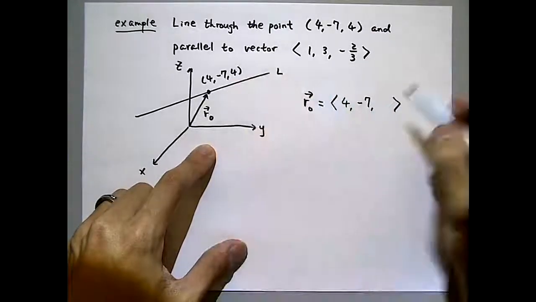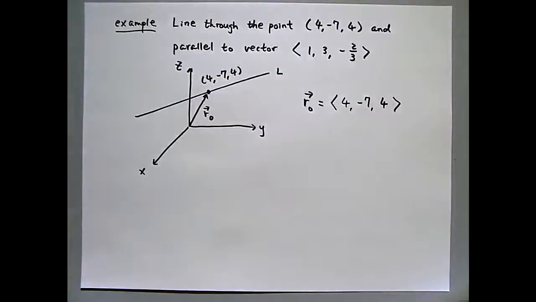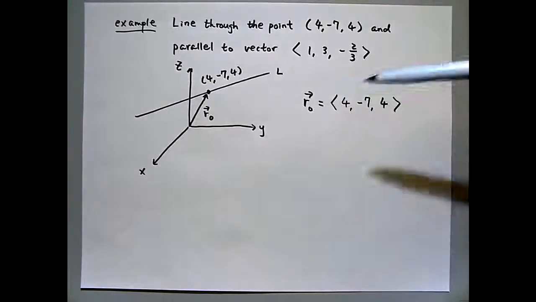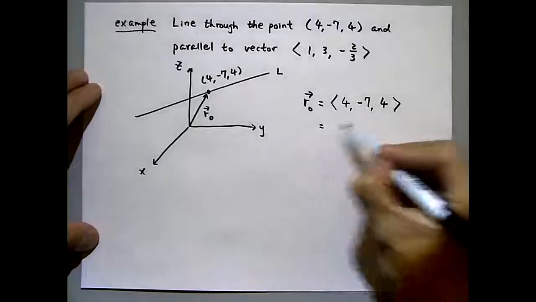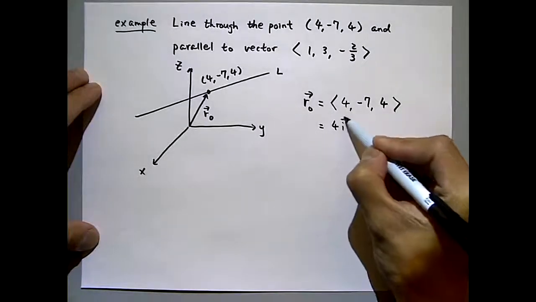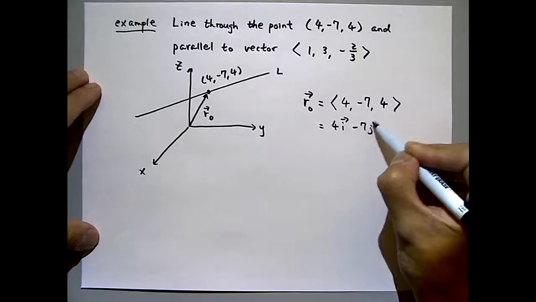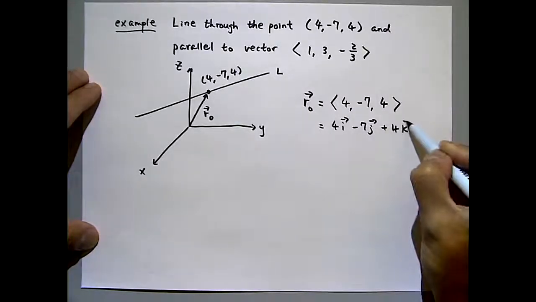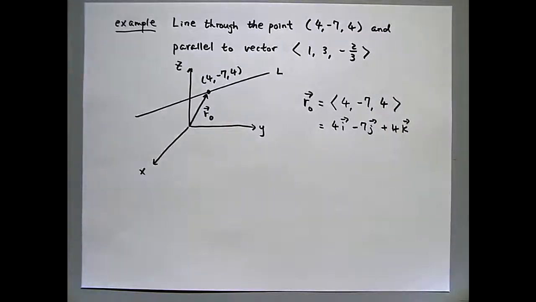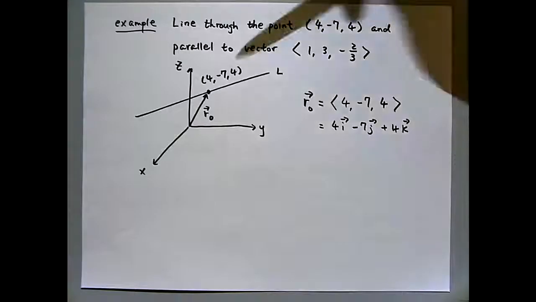Same thing with z. So if you're measuring this from the origin, the vector from the origin to any point is the same as the point, but written as a vector. Remember, this is also the same as 4i minus 7j plus 4k. Tells you how much you need to move in individual components from the origin to that point.